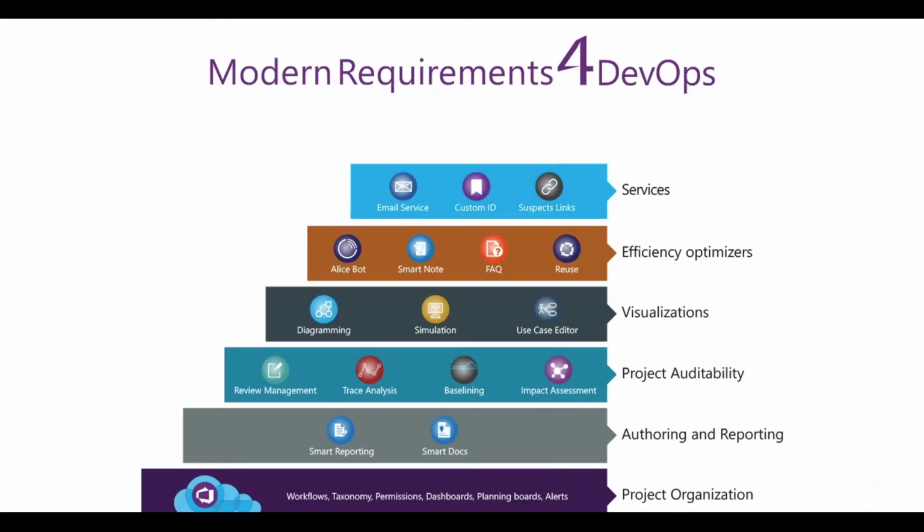And Smart Docs is one of many modules that are available in modern requirements for DevOps. And of course, Smart Reporting is its sister, where you can report in a document form in everything that you have created in a Smart Doc and use a highly customized output document.